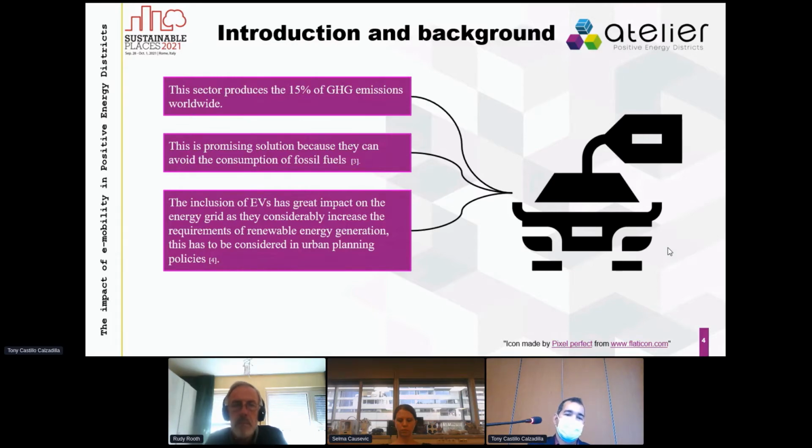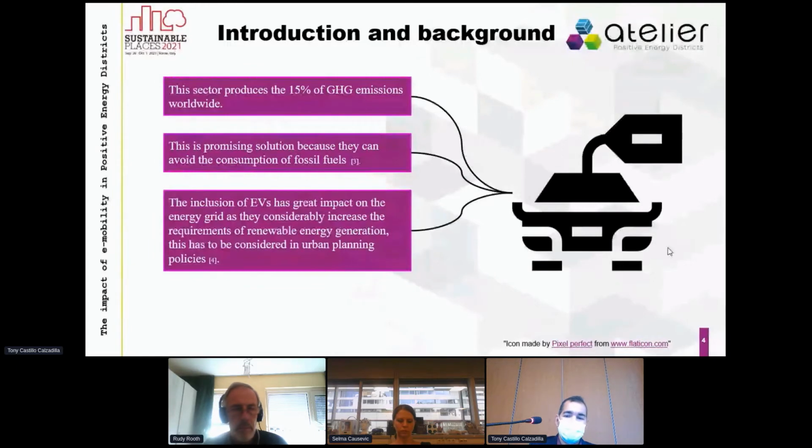But the inclusion of electric cars has a great impact on the energy grid because they considerably increase the requirement of renewable energy generation systems. This has to be considered in urban planning.